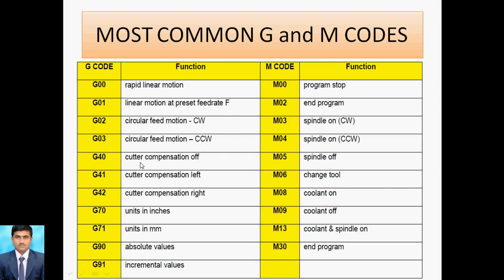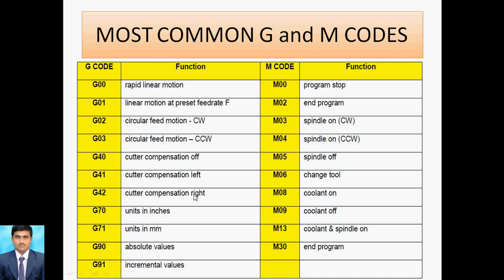Then G40 is cutter compensation off. Where cutter compensation is not used, you can use G40. G41 is cutter compensation on the left-hand side. The next, G42, is cutter compensation on the right side.